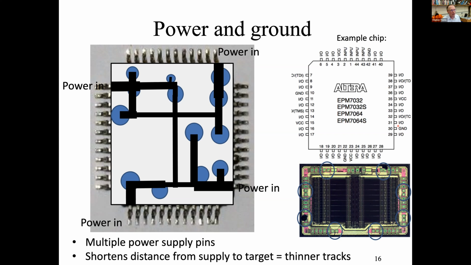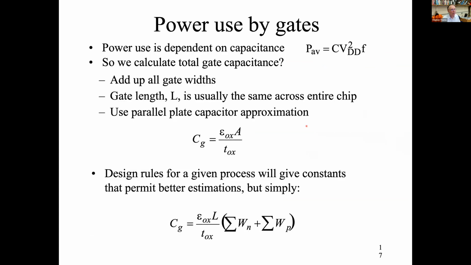And of course, likewise for the power distribution, which is VCC in this diagram, you've got one here and you've got another one here, for instance. So typically you can have more than one, and that makes life easier for the design.